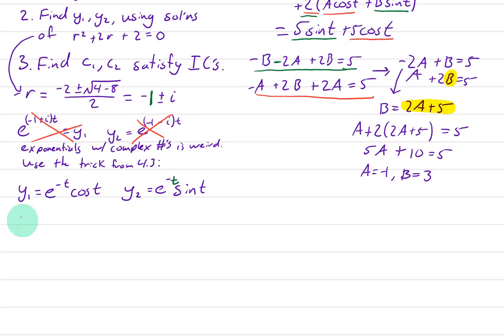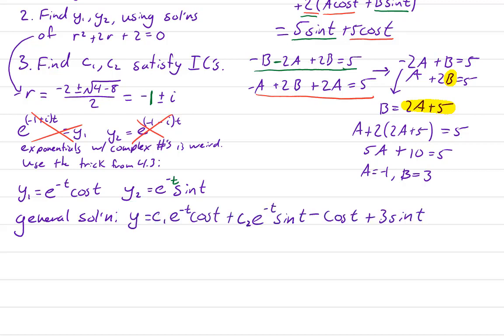The general solution is going to be anything of the form: your particular solution that we got from over here with the values of a and b, plus some multiples of either of these homogeneous solutions. And we need to see now what C1 and C2 should be to satisfy the initial conditions.